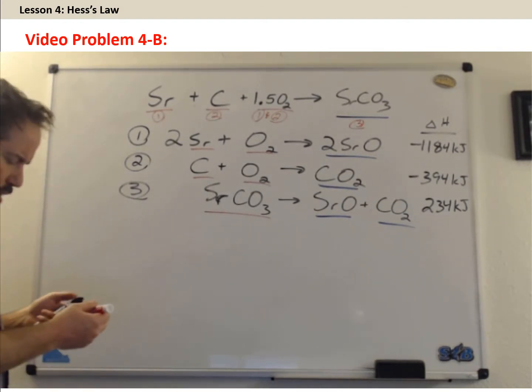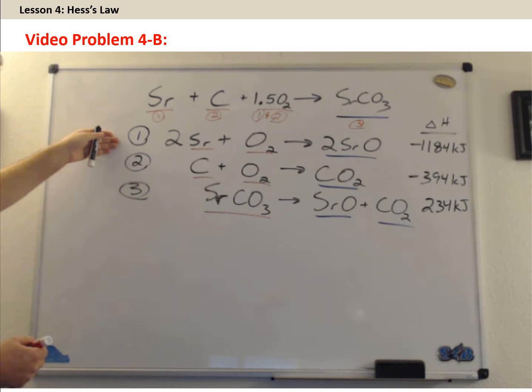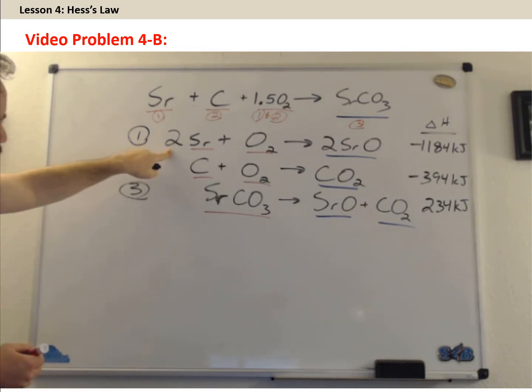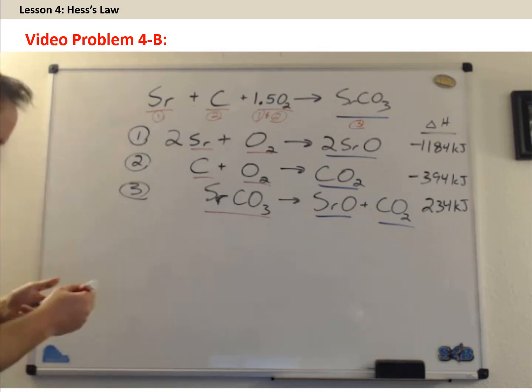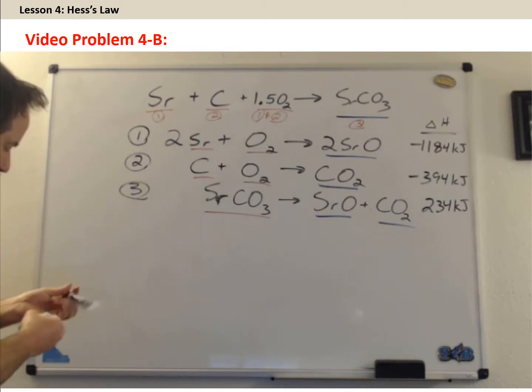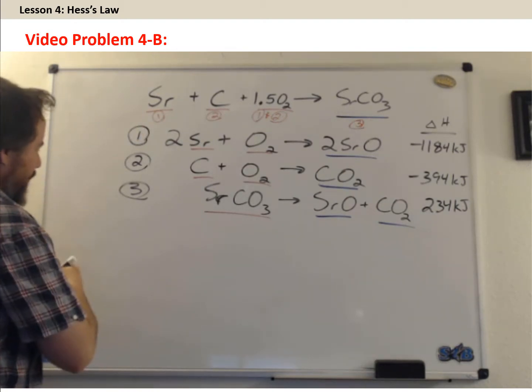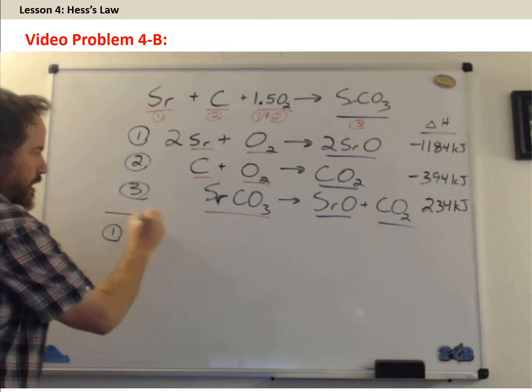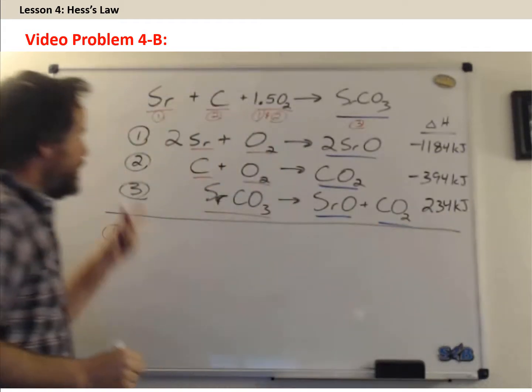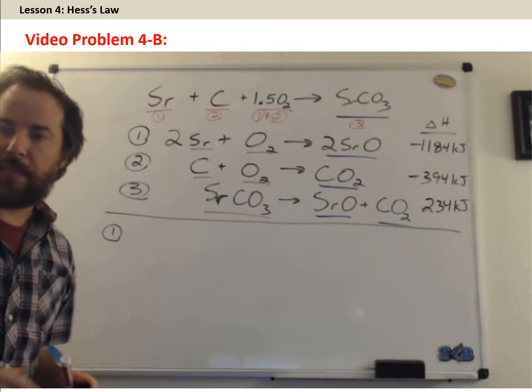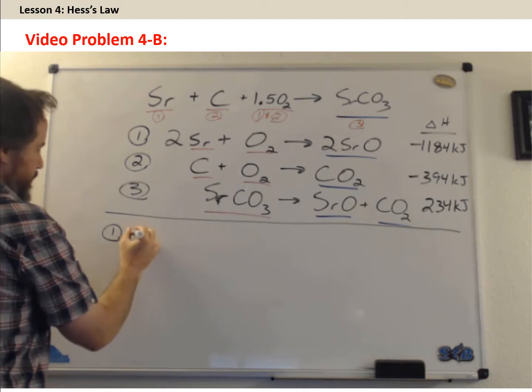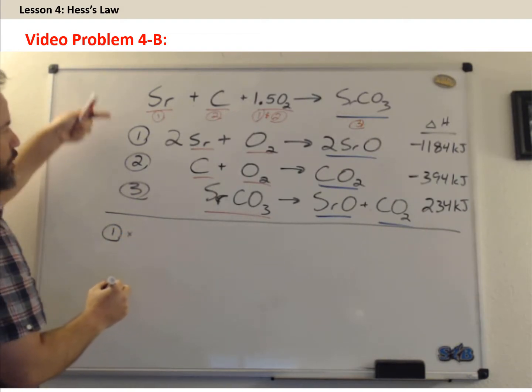Let's start with number 1. We want to get number 1 from 2 strontiums to 1 strontium. Notice they're both reactants, so I'm not going to have to flip it, but I will have to go from 2 to 1.